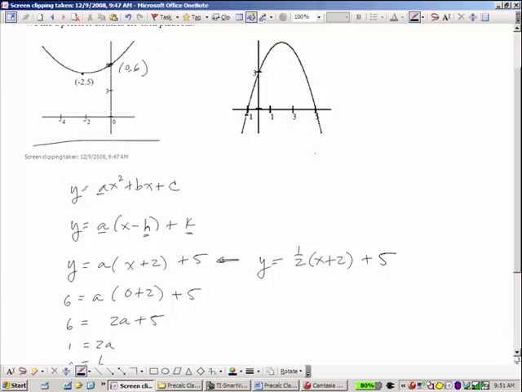All right, what about this parabola? Is this screaming vertex form to you? No. I don't think so. I think this is actually screaming factored form to you. I think this is screaming something like this. Hold on. x minus something times x minus something.